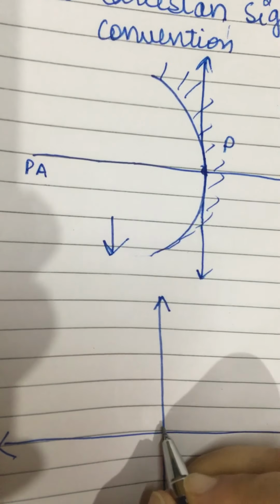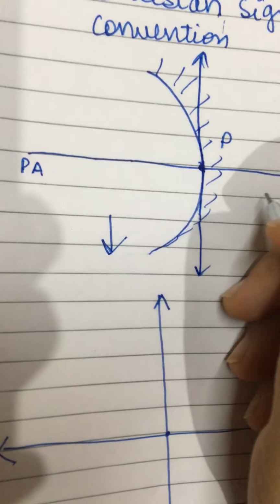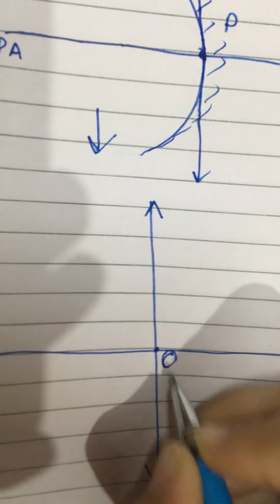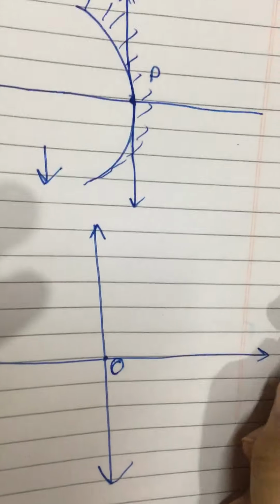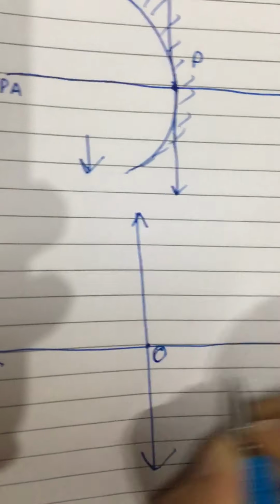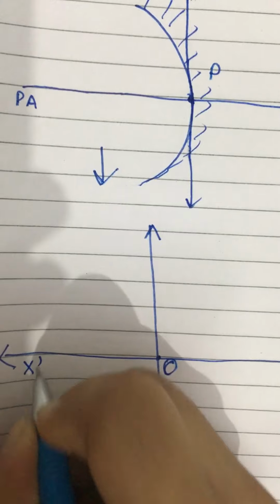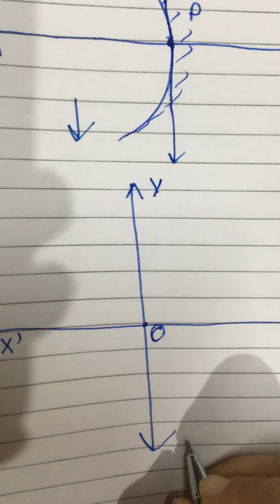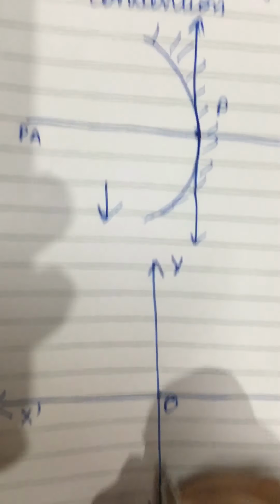So the pole of the mirror is always taken as origin. This is our x-axis, this is our x negative axis, this is our y-axis, and this is our y negative axis.